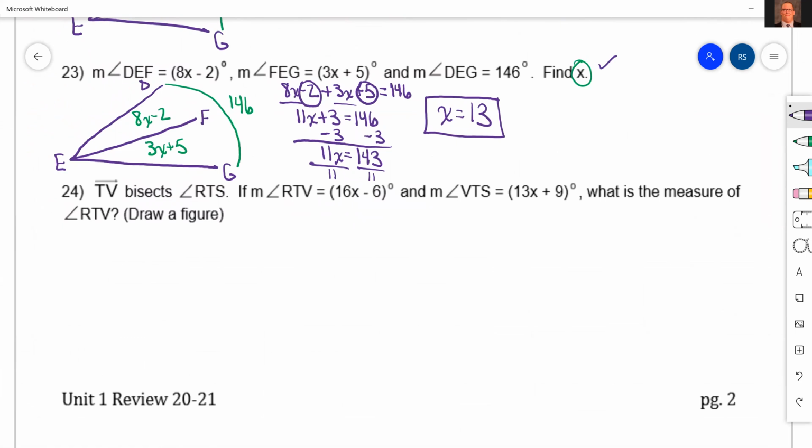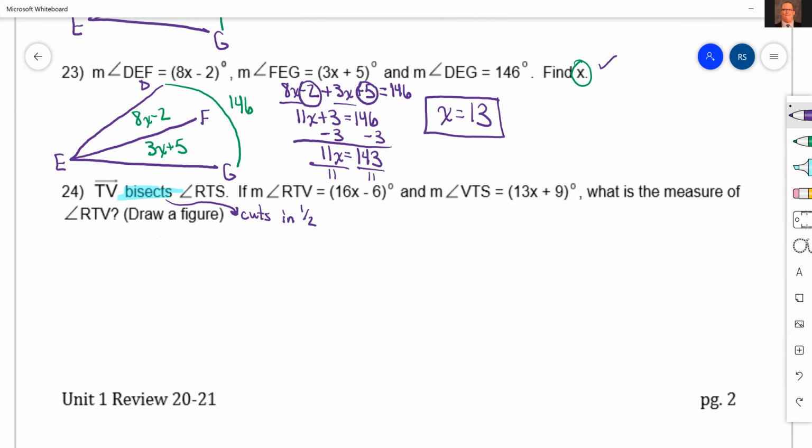24 says TV bisects. Ooh, what's that fancy word mean? TV bisects angle RTS. Bisects means cuts in half. So if you don't remember that, make a note. Cuts in half.